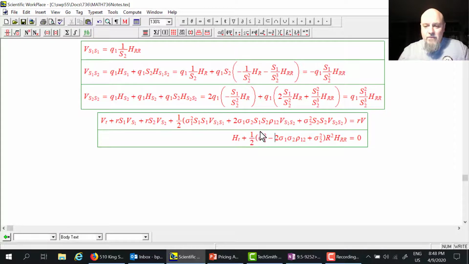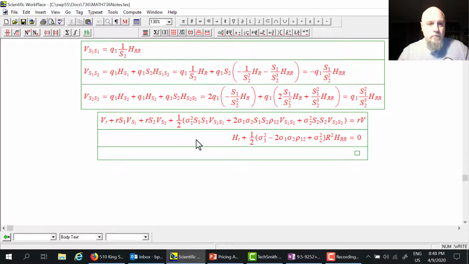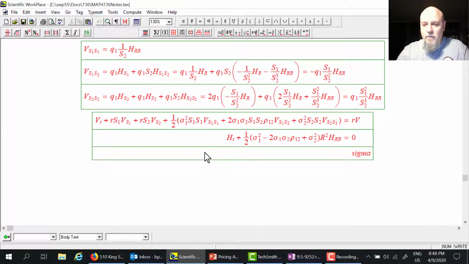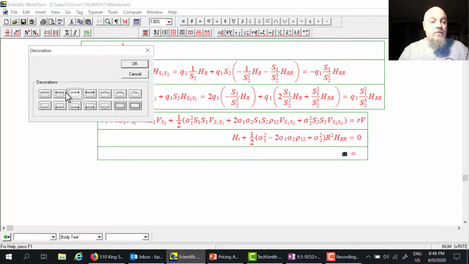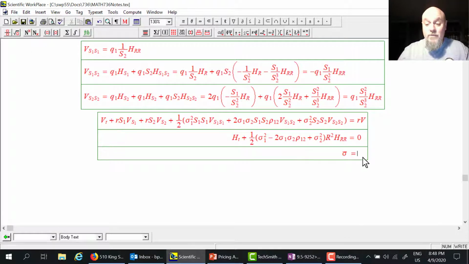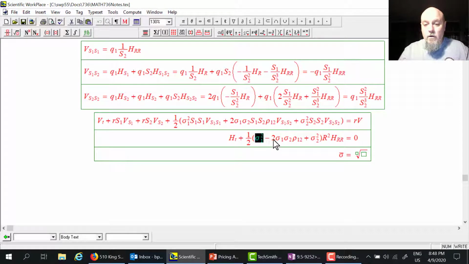So it sort of looks like we can, so I'm going to do a substitution here. If I call sigma equal to, I already used sigma. I need another sigma. So I'm going to use the sigma we have, but I'm going to put a bar on it because it's not the exact sigma. It's going to be the square root of all this stuff here.